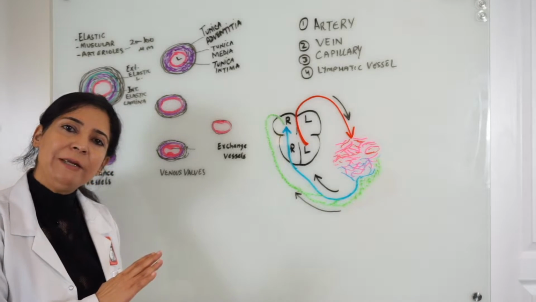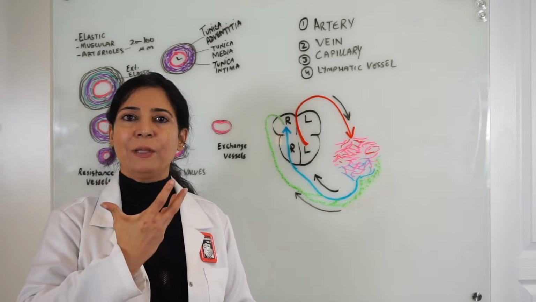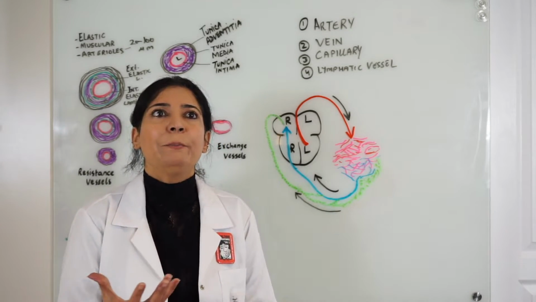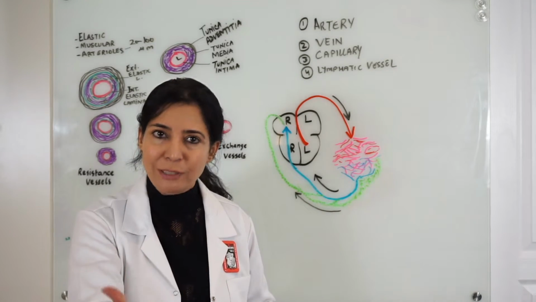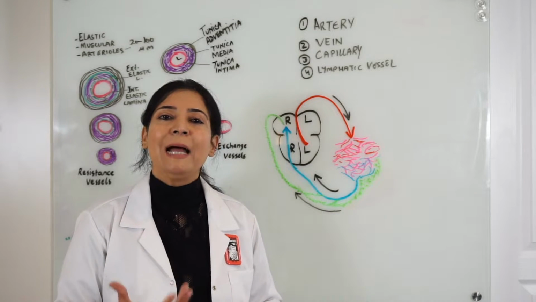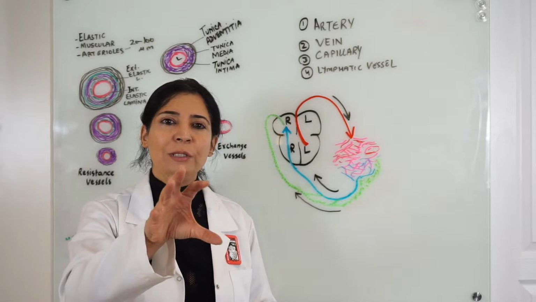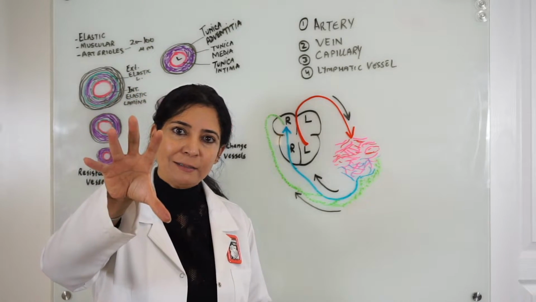Why do we have this kind of arrangement in the wall? Because these arteries emerge directly from the heart, or lie very close to the heart, and they bear the pressure with which the heart has pumped blood into these vessels, right? So that's why they act like balloons. Like when you inflate a balloon, it expands because it has elasticity in it.